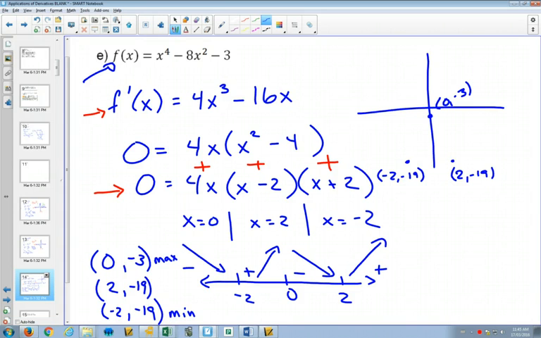We know that our function has to be decreasing left to right, so it's got to go down to this point, bottom out, then maximum, then minimum, then increasing again. So our first derivative test says it goes down to a minimum, then back up, then down again, then back up again.